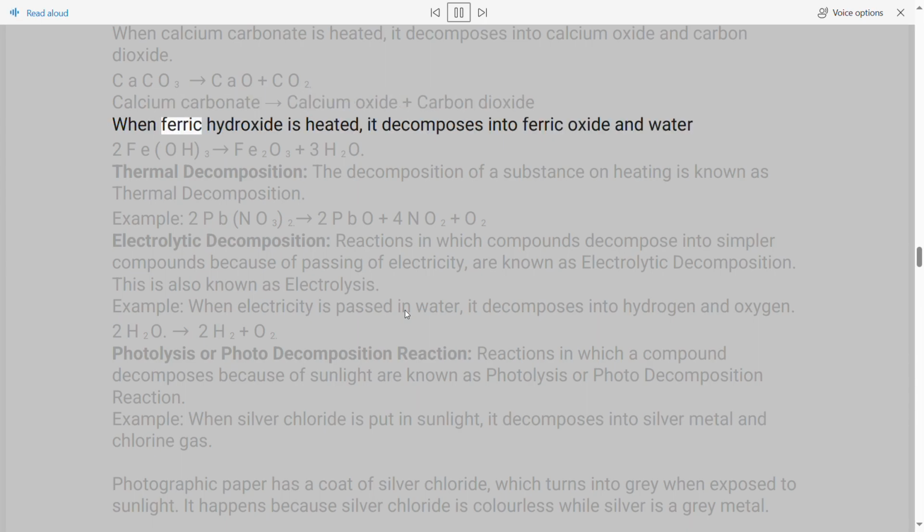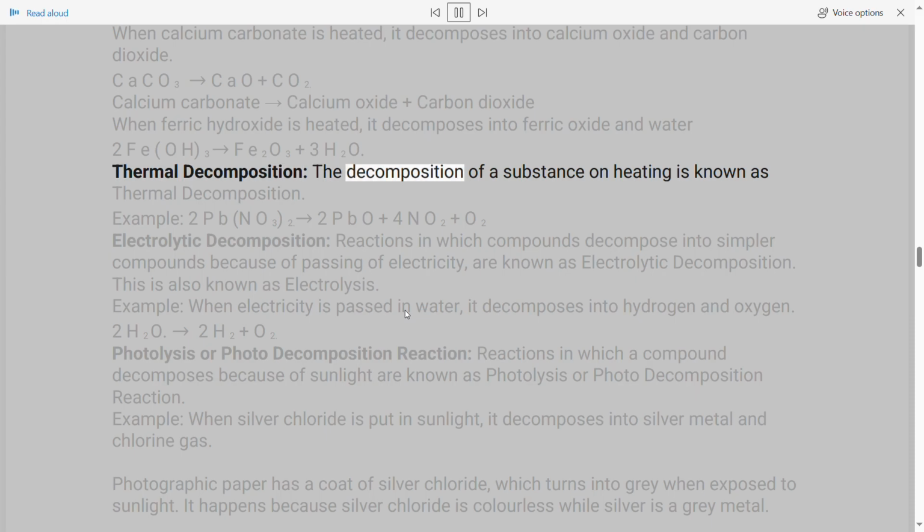When ferric hydroxide is heated, it decomposes into ferric oxide and water: 2Fe(OH)3 → Fe2O3 + 3H2O. Thermal decomposition. The decomposition of a substance on heating is known as thermal decomposition. Example: 2Pb(NO3)2 → 2PbO + 4NO2 + O2.